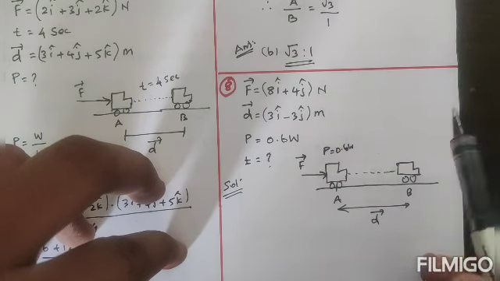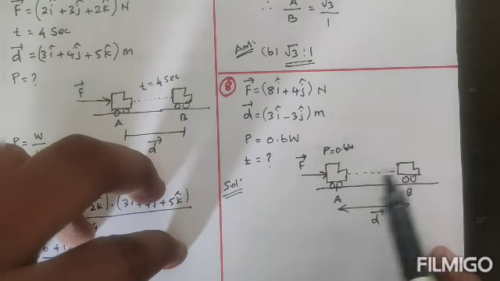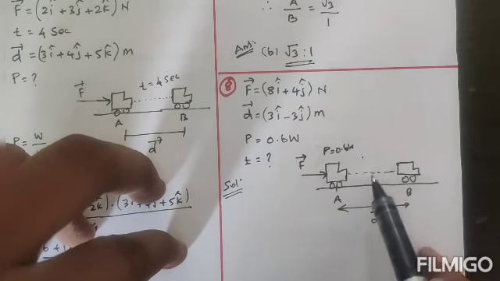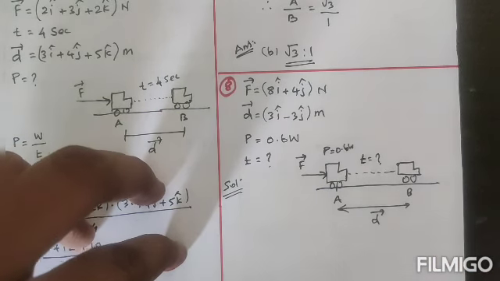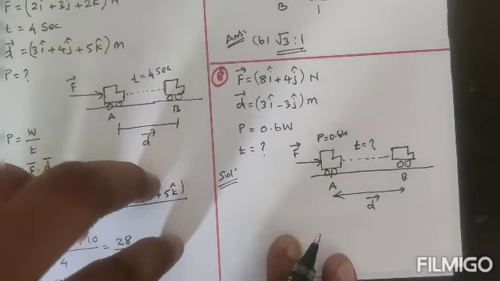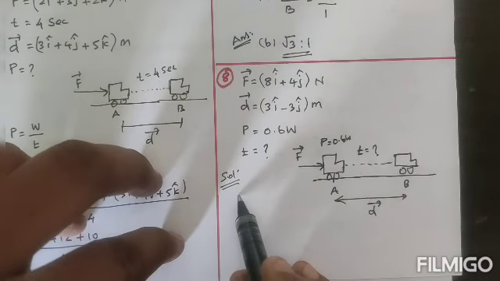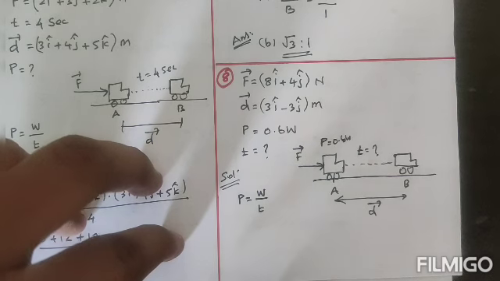So what about its duration? It takes time to cover this much displacement. So they are asking the time, the duration from A to B, in this question. The basic formula is power is equal to work done divided by time.